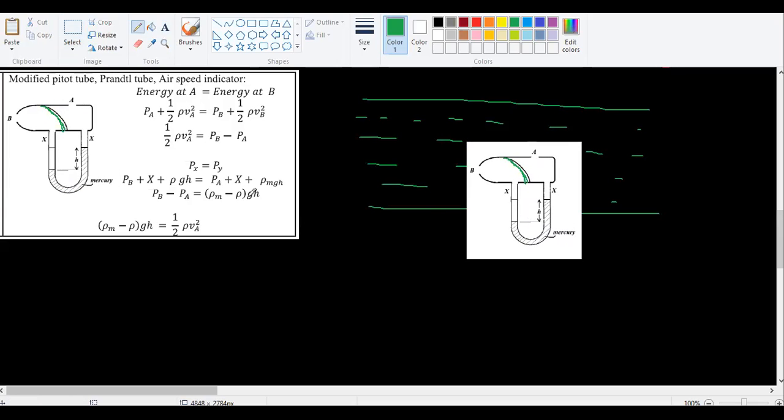Okay. So what we do is maybe I should improve this diagram over here to show where the liquid is.